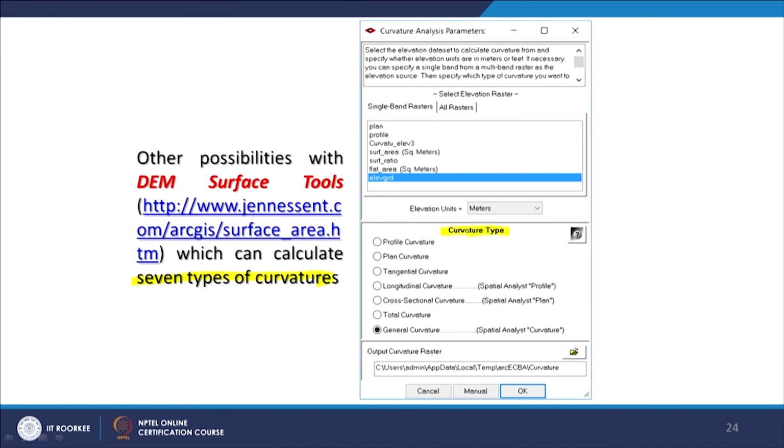As you can see, the curvature types are profile curvature, plan curvature, tangential curvature, longitudinal, cross sectional, total curvature, and Gaussian curvature. It tells what the requirements are and other things. So, again, the tools may not be there, but on this site they have developed a tool which allows all kinds of calculations very easily.